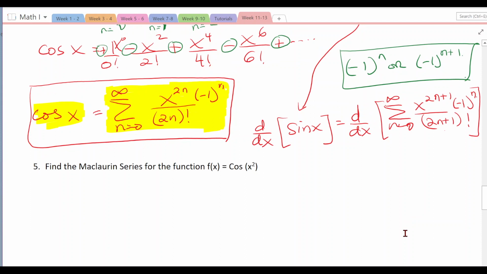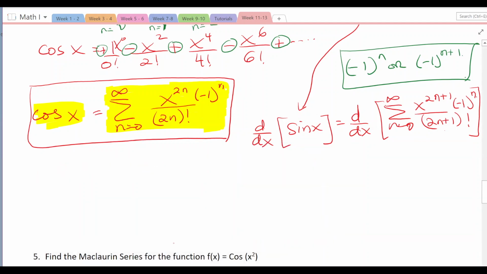So the derivative of sin x is simply cos x, and we take the derivative of x raised to the power of 2n plus 1. We bring the 2n plus 1 to the front just like any other derivative.